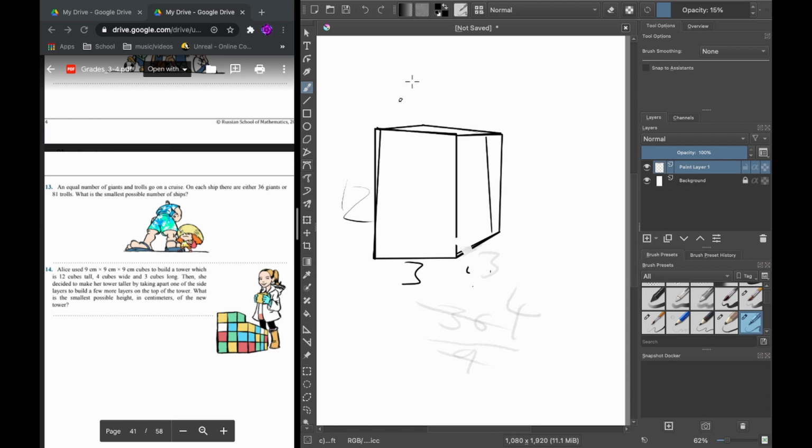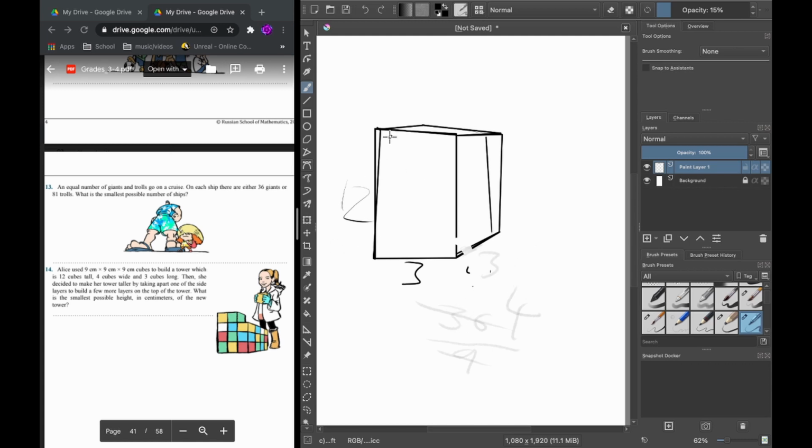Because since we're putting this layer on top flat, we have to figure out the area of the top, which is 3 times 3, not 3 times 4. Why is it not 3 times 4? That is because, remember, we took out a layer, right? So we did 4 minus 1, which is 3. So 3 times 3 is the area of the top and bottom. So that's 9. So 36 divided by 9 would be 4, right?